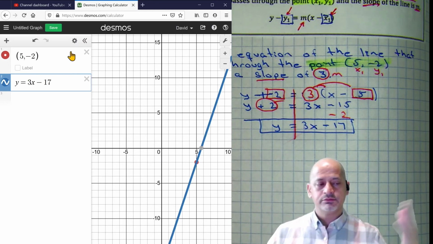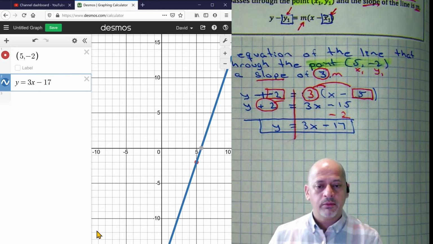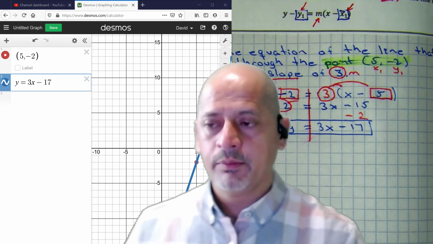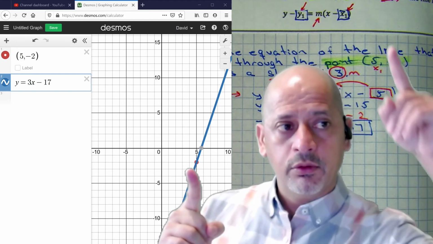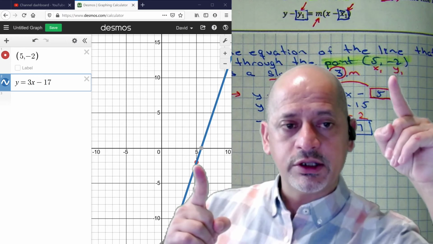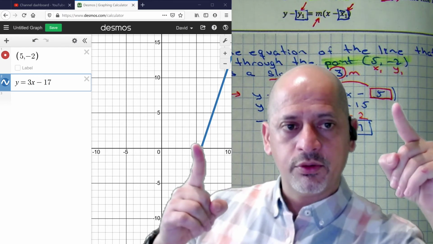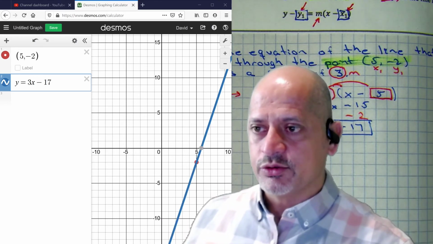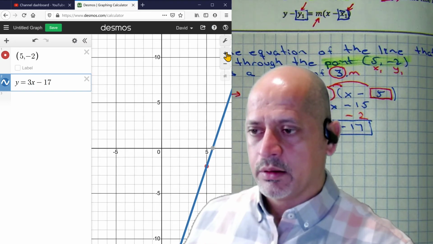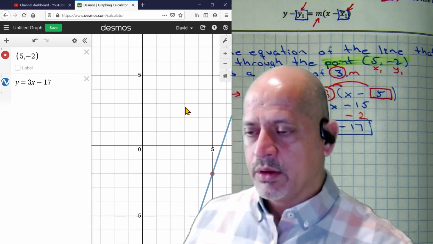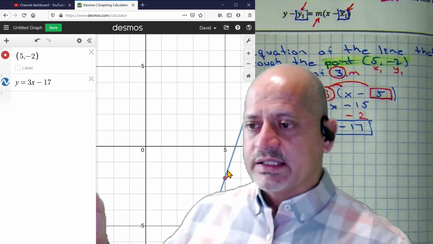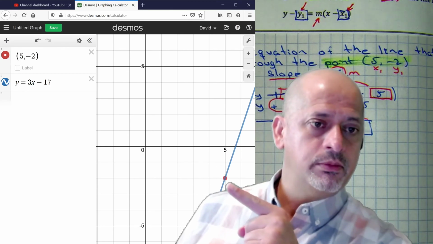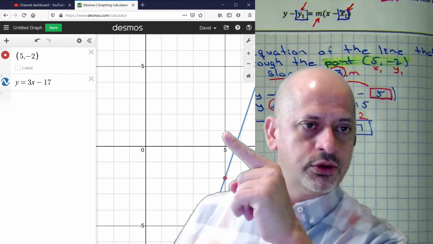And notice that it works, right? It goes through the point of 5, -2, which matches this. And then if you notice, my slope is 1, 2, 3, and over 1. Let me see if I can zoom in a bit. That works. So in this case, my slope is 1, 2, 3, and over 1.